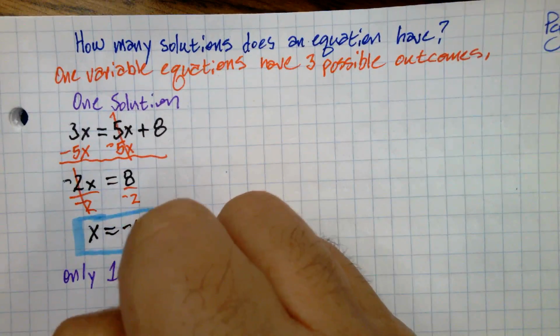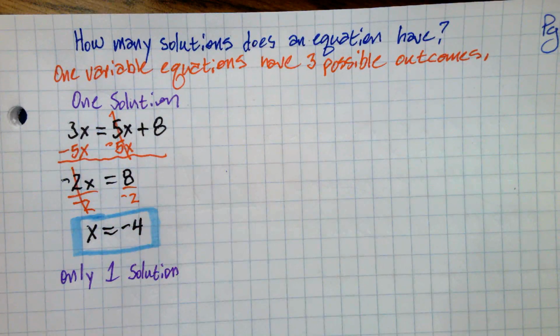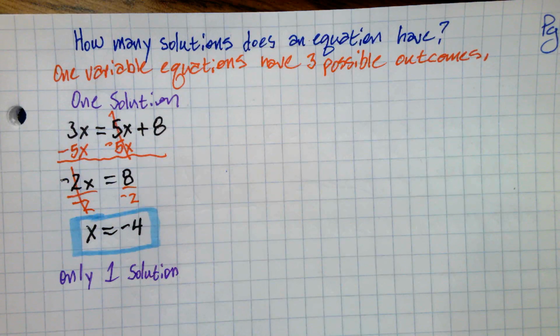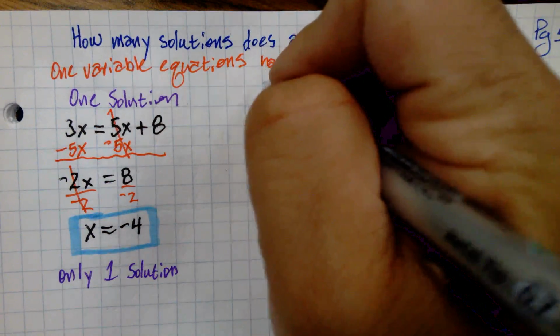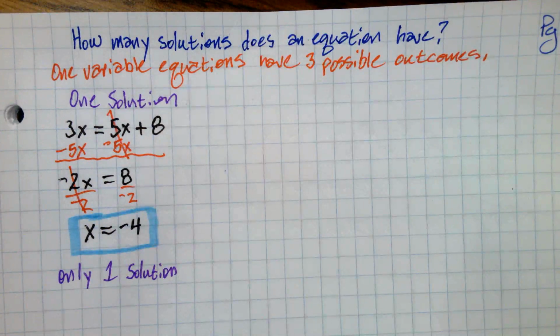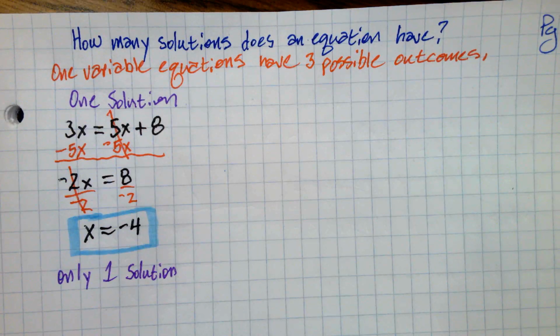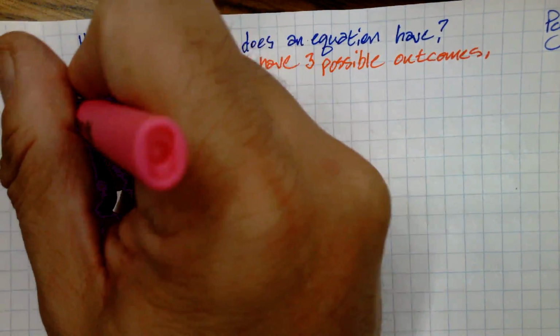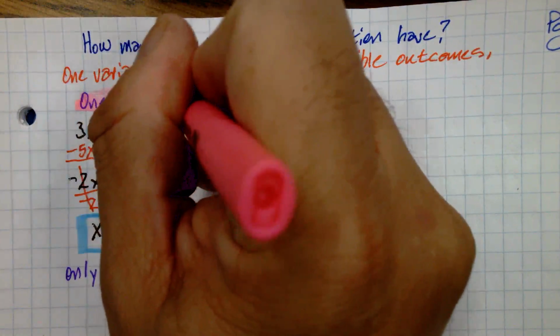Now, it's possible that other things might happen. And so the next one is going to be an example when we have no solution. Okay, so I'm going to write it at the top. I should have highlighted here. So this is one solution.